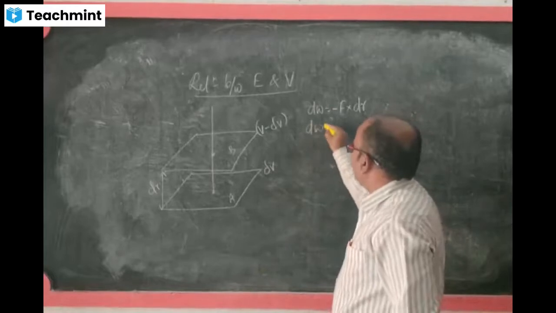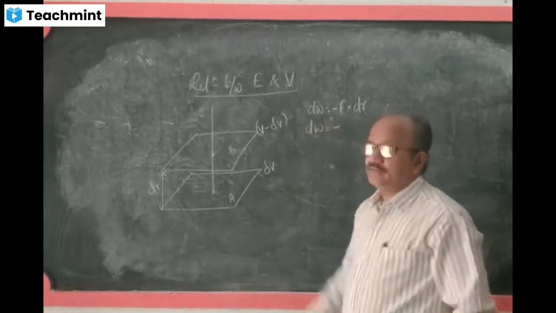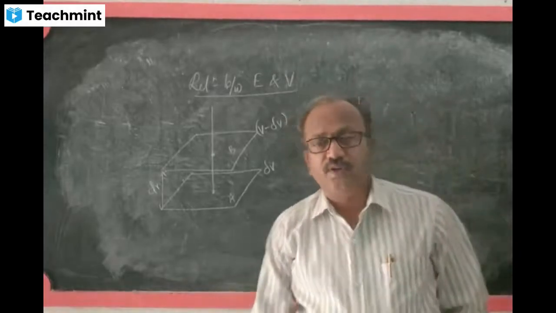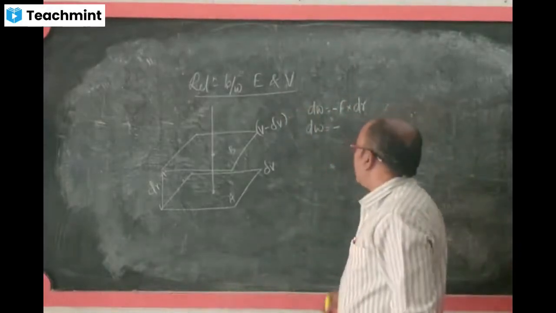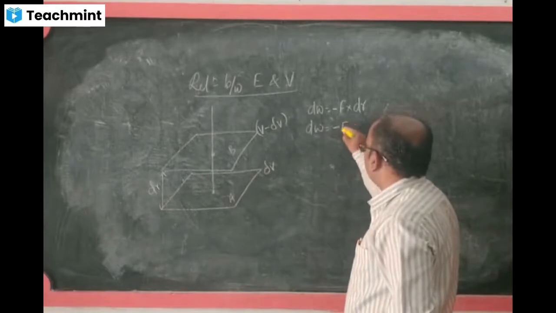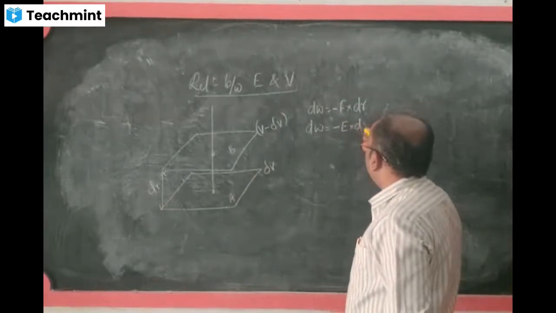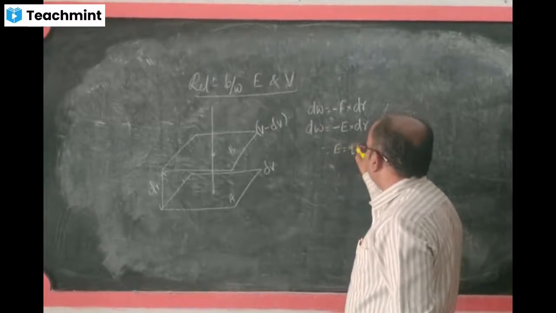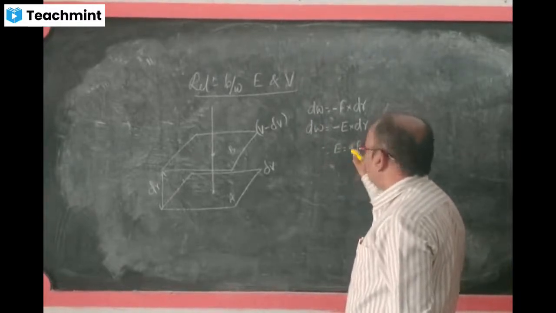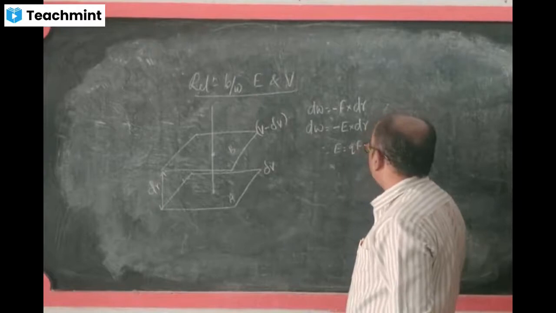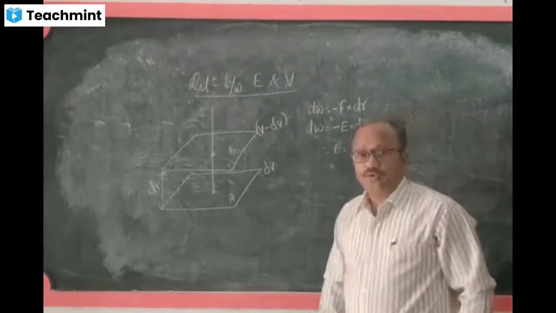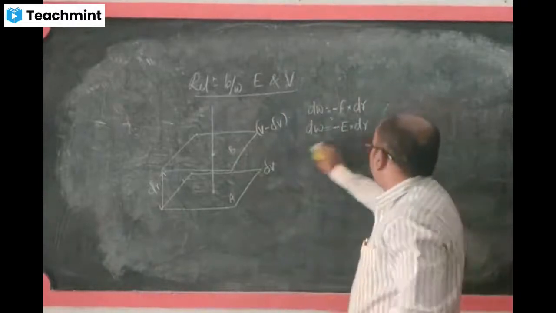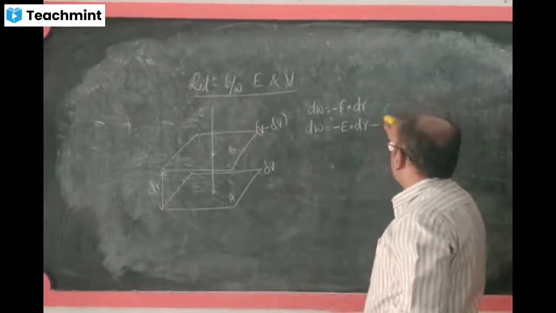This can also be written in place of F. If you shift a unit positive charge, then Q is equal to 1, so E is equal to F. Let us take this as the first equation.